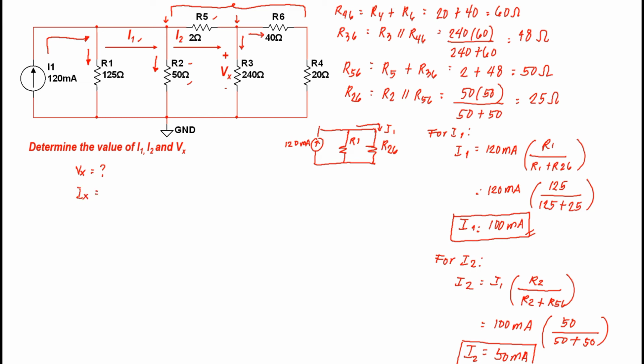So Ix is equal to I2 multiplied by R46 over R46 plus R3. That would be 50 milliampere multiplied by 60 all over 60 plus 240, which is 10 milliampere.